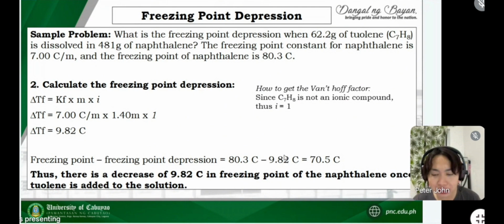After that, we can get 70.5 degrees Celsius. Ibig sabihin, bumaba yung naging freezing point ng mismong naphthalene because of the addition of toluene sa mismong solution natin. So, yun lang po. Gets po ba?